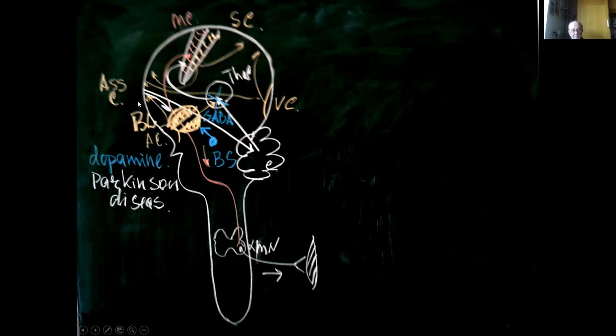The associative cortex is the main part of the cerebral cortex. 70% of the cerebral cortex is the associative part of the cortex. This is the frontal cortex, the temporal cortex, and the other parts of the cortex.